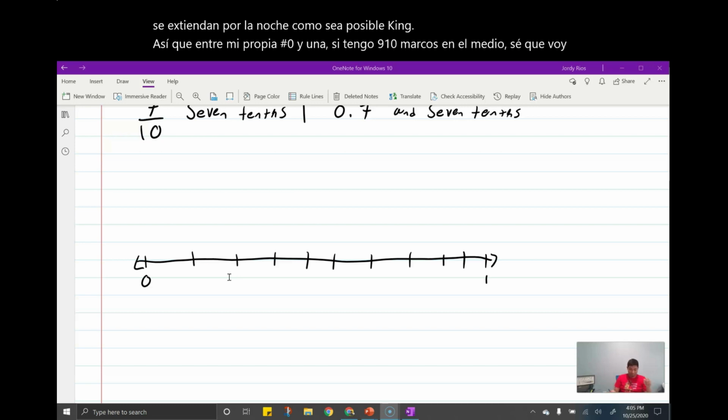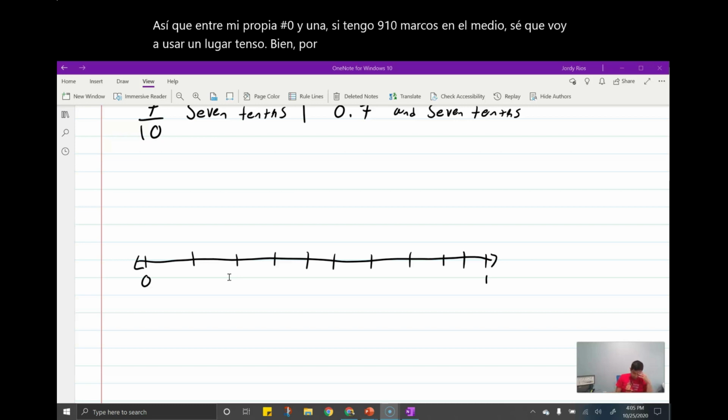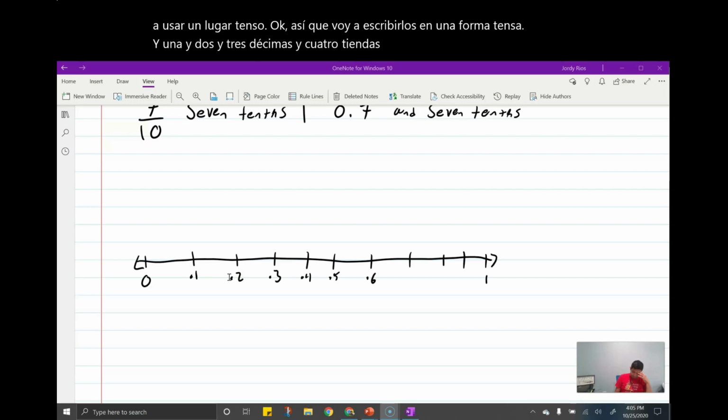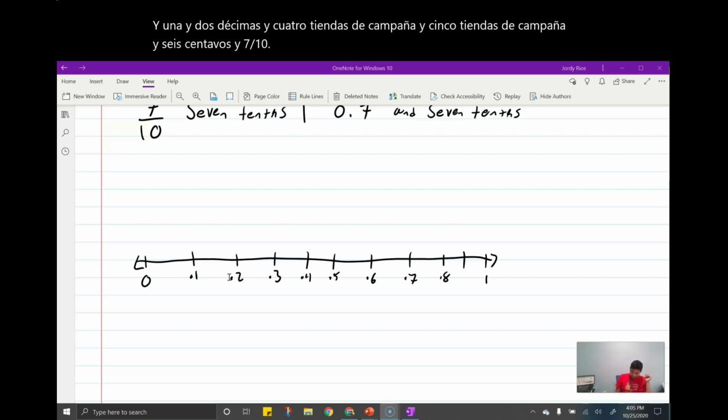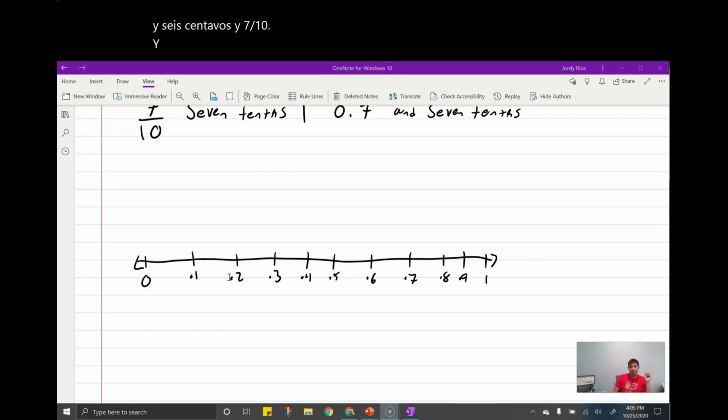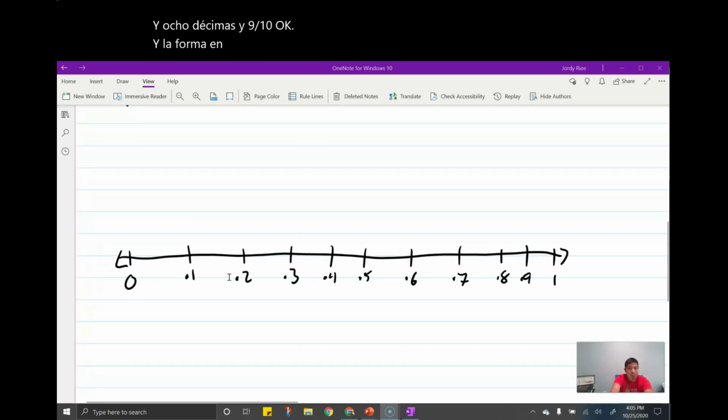So therefore I'm going to write them in 10th form, 1 tenth, 2 tenths, 3 tenths, and 4 tenths, and 5 tenths, and 6 tenths, and 7 tenths, and 8 tenths, and 9 tenths, okay? And the way I would write them in fractions is basically the same way as you would say them, okay?